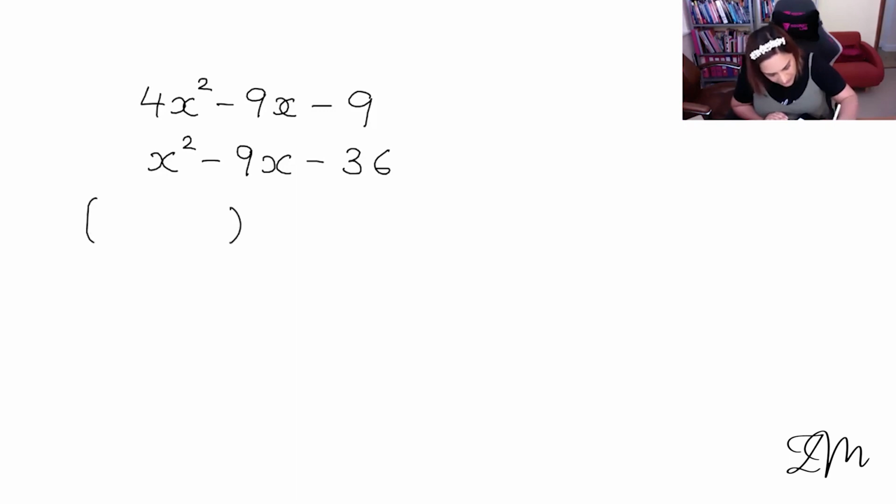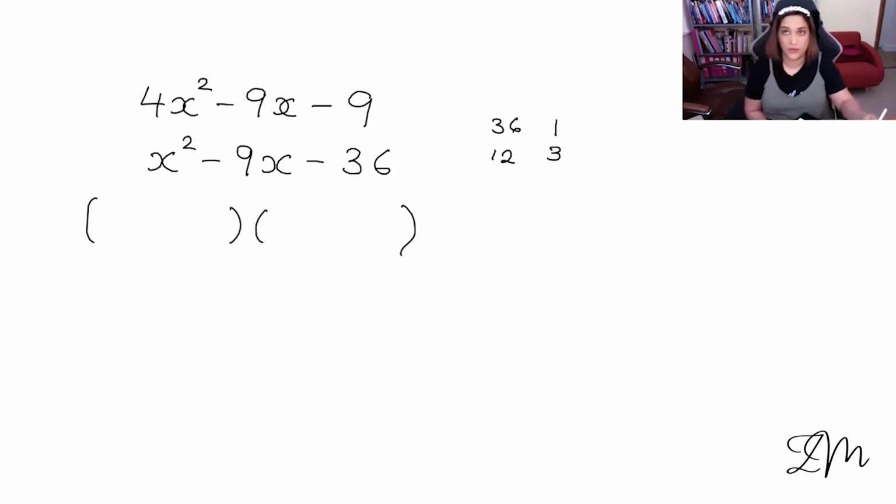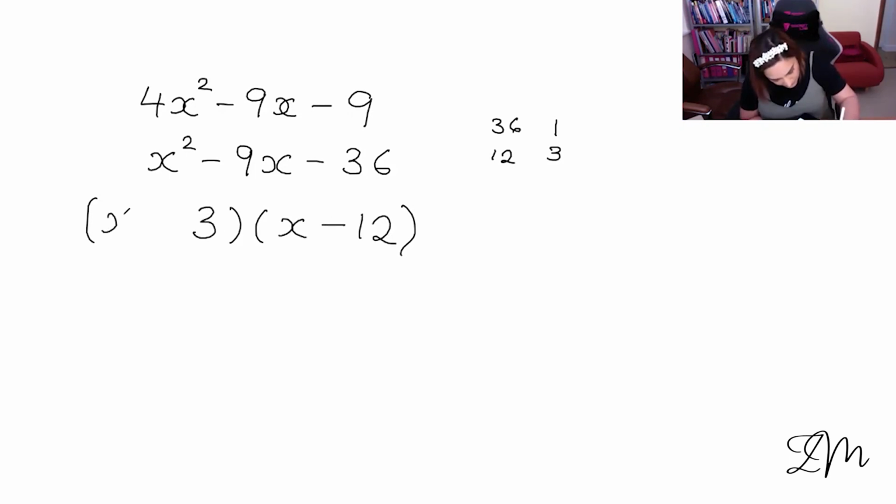And we think of our factors of 36, which have a difference of 9. So I'm going, okay, 36 and 1, 3 and 12, or 12 take away 3 is going to give me 9. So I'm going to go 12 and 3, and I want minus 9. So it's going to be minus 12, sorry, plus 3. And then we've got to give the 4 back.